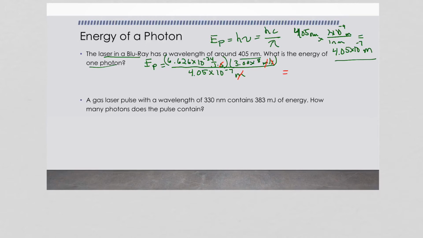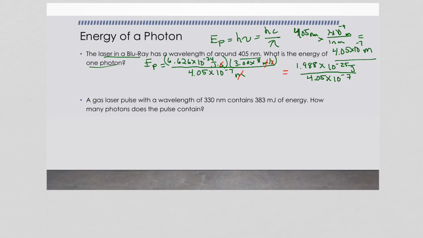If we do the top, we get 1.988 times 10 to the negative 25 joules, again divided by 4.05 times 10 to the minus 7.